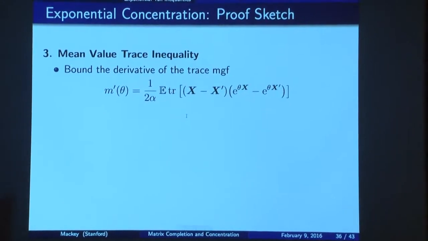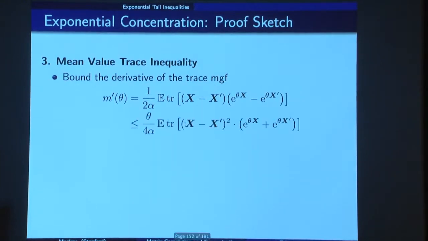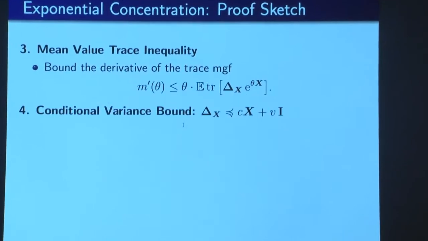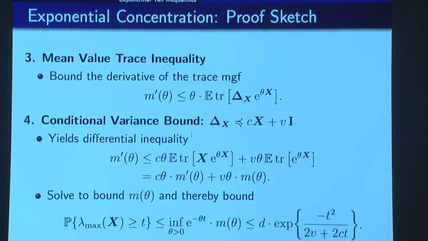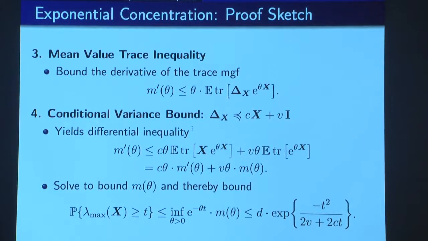We use some new trace inequalities that we derived to get a finer grained bound on that derivative. We ultimately end up solving a differential inequality, and that gives you the final bound on your tail inequality. So it is short enough that you could fit it into these 3 slides. So I encourage you to take a look at it after the talk.